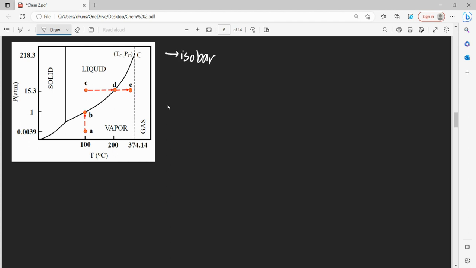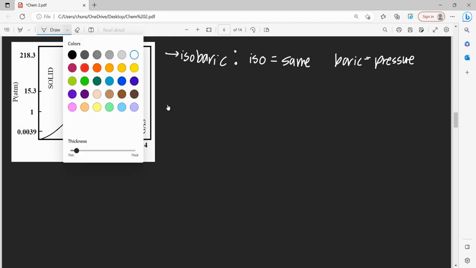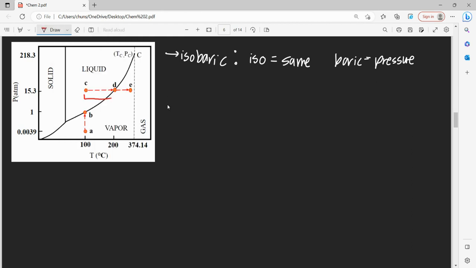So there are two kinds of processes that we can describe from our PT diagrams. Isobaric process: iso equals same, baric is pressure. So that means same pressure. In that case, we'd be looking at this set of plots here.